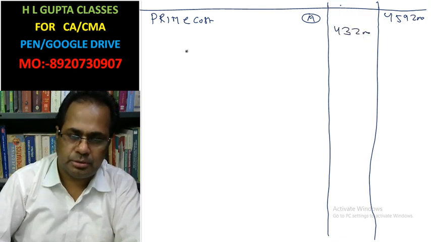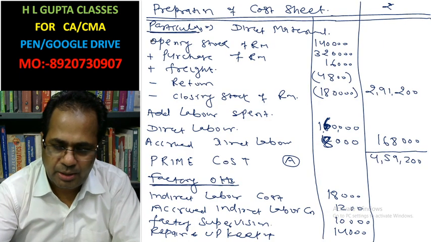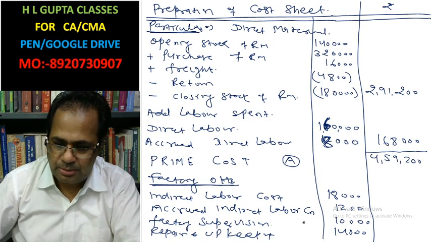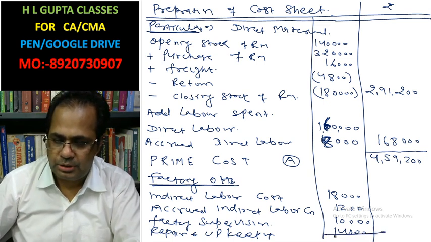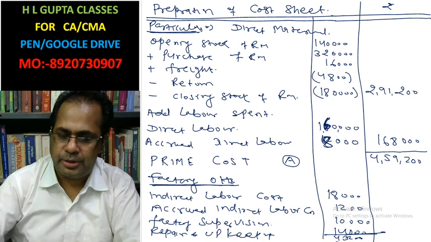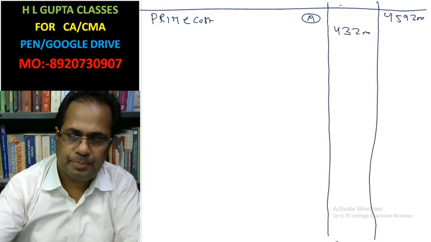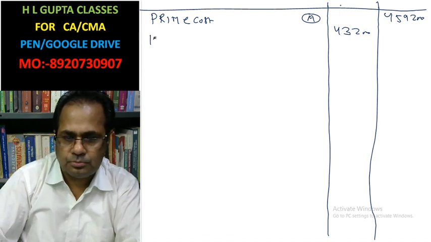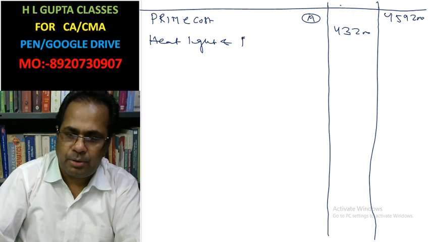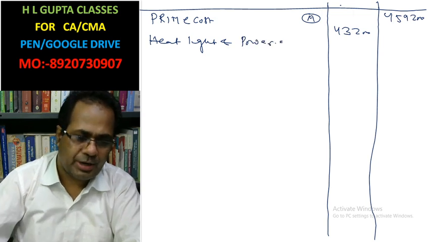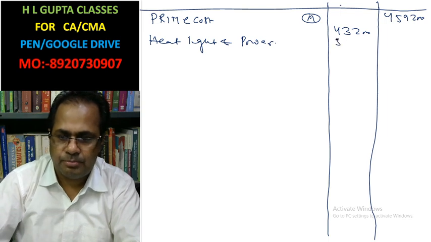This is repair and upkeeping. This amount is 43,200. Heat, light and power. We have already calculated for factory heat, light and power, that is 52,000.